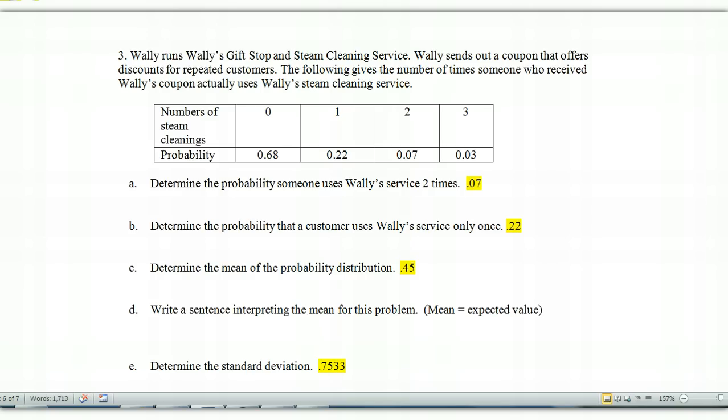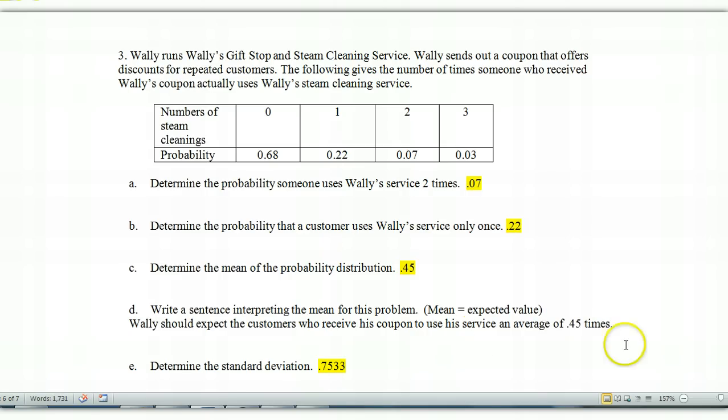So Wally should expect the customers who receive his coupon to use his service an average of 0.45 times.